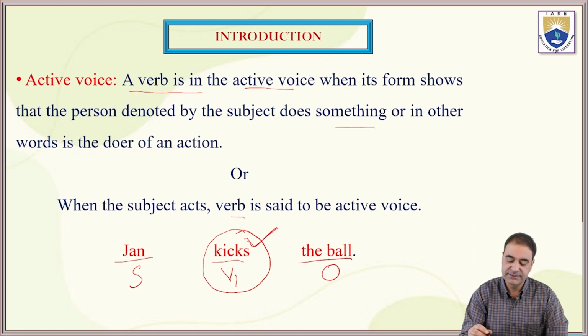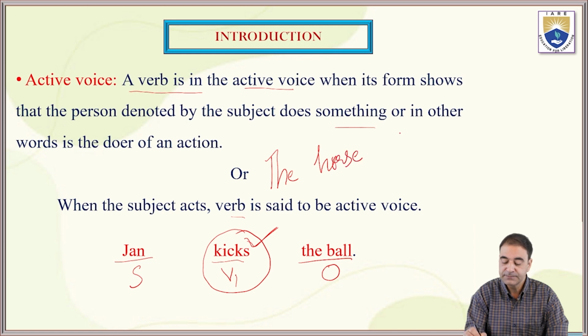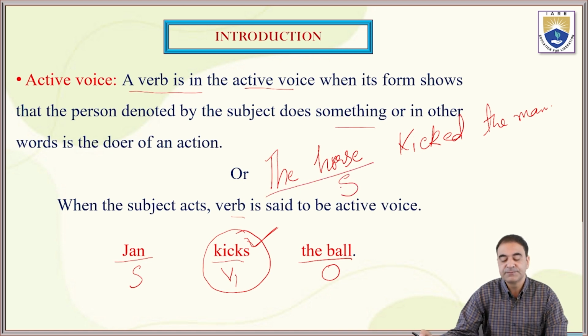Or for that matter, if I write like this, the horse kicked the man. Here in this sentence, the horse is the subject, followed by the verb kicked, verb in second form, and then followed by an object, that is the man.